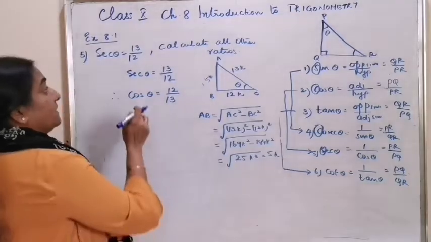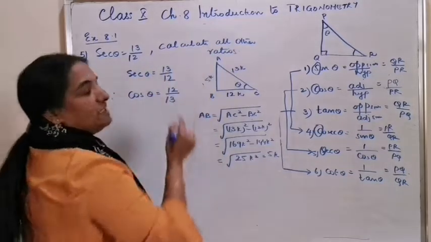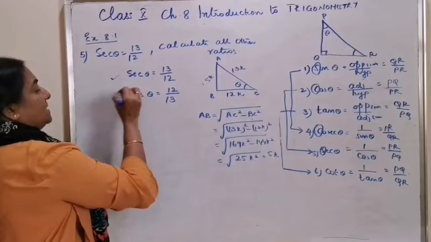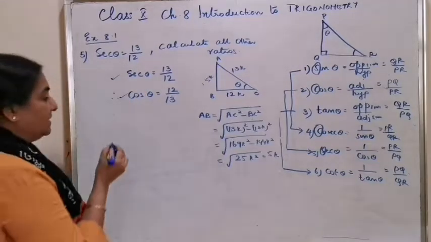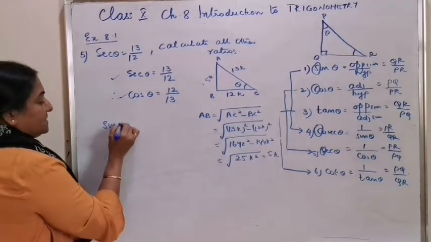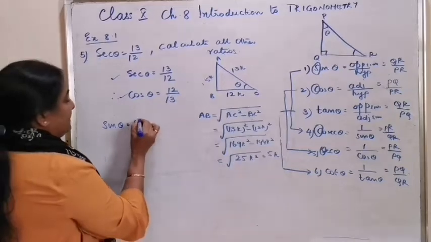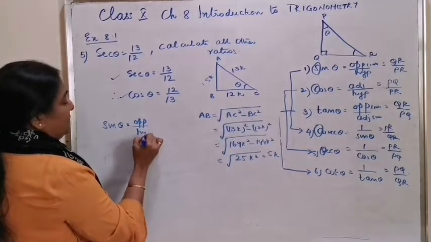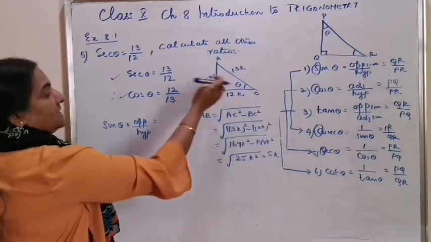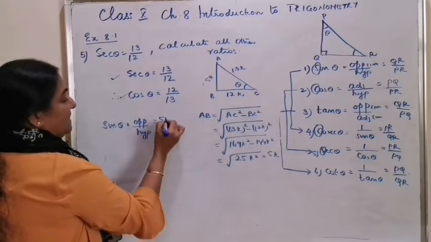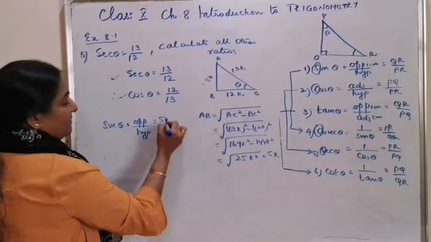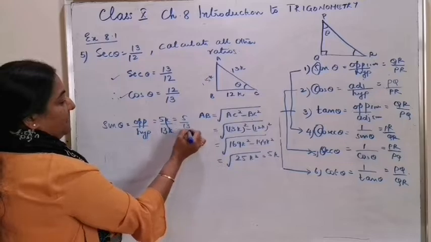And now they wanted all the other ratios. So sec and cos already you have mentioned here. The first ratio is sine theta is opposite by hypotenuse, which is the same as 5k by 13k, which is equal to 5 by 13.